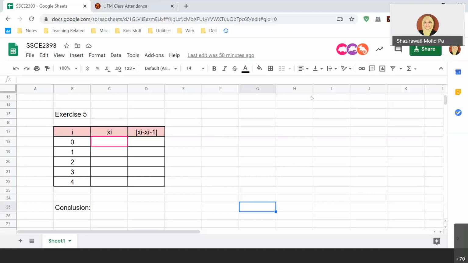Exercise 5. Try to use 4 decimal places in your calculations, standardize to 4 decimal places.